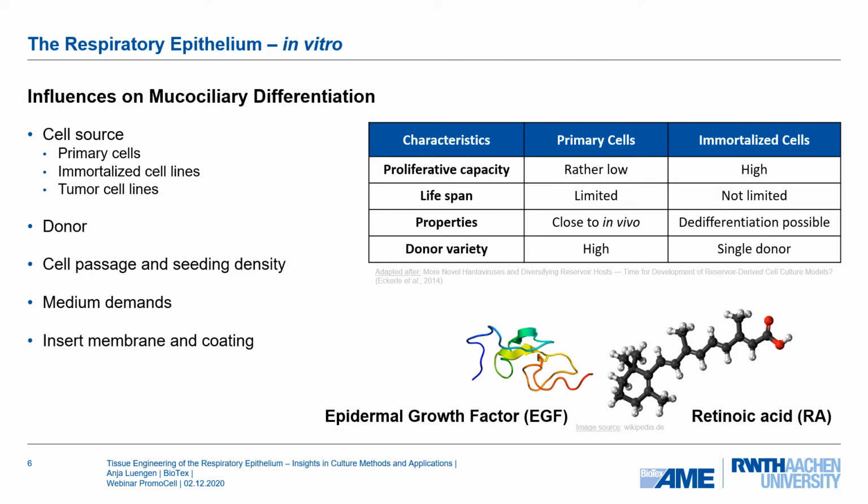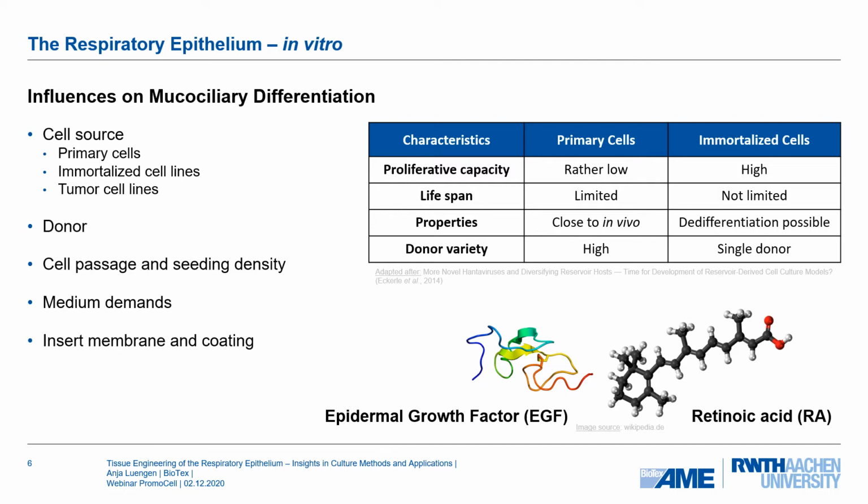Next to the cell source, age and medical history as well as the lifestyle of the donor influence the differentiation outcome. The cell passage and the seeding density should also be taken into consideration, and as already said, the medium plays a major role.